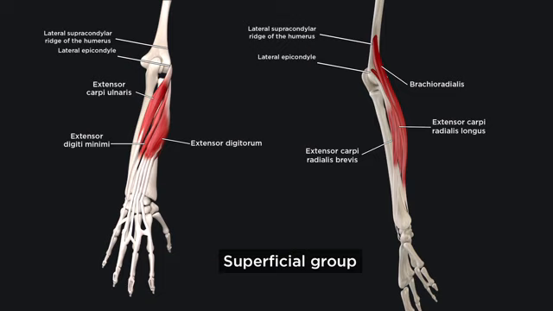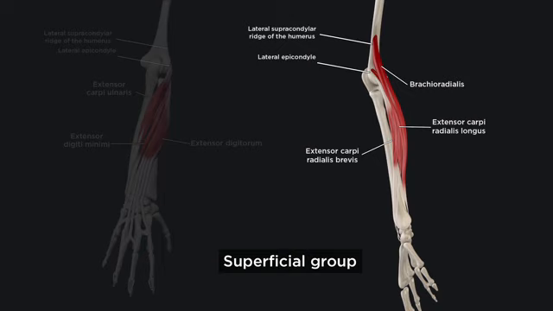The 6 superficial muscles are then sometimes subdivided into 2 groups. A superficial lateral group of 3, and those are the ones we can see even from the anterior side at the lateralmost aspect of the forearm near the elbow.